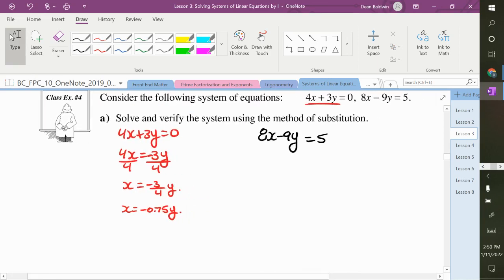There's our other equation. So that has to go right in for x. So I get 8 times negative 0.75y minus 9y equals 5.